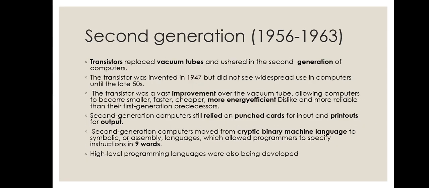The second generation is 1956 to 1963. The transistor replaced the vacuum tube and ushered in the second generation of the computer.